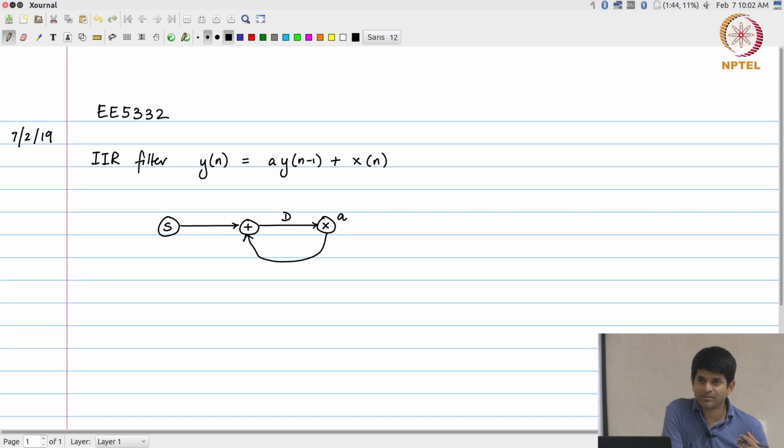For example, there might be some other version of this graph where I might not explicitly draw the source node at all. I might not consider that as a separate unit. Okay. So those are minor changes that we will ignore. And what we are going to assume is that for the most part, if you are given an equation, then it's possible to come up with a data flow graph representation of that corresponding equation.